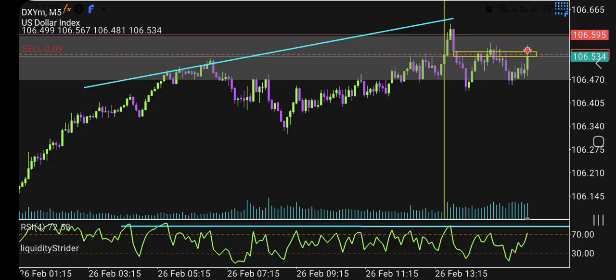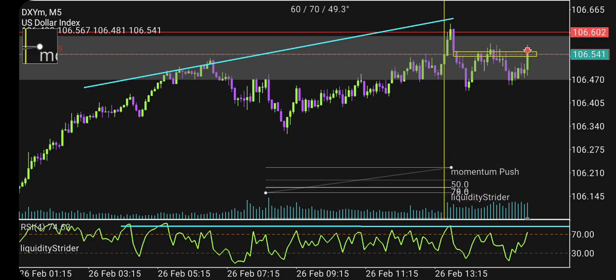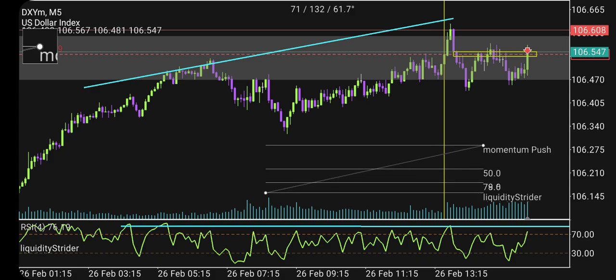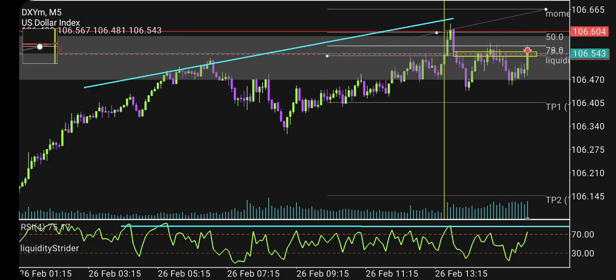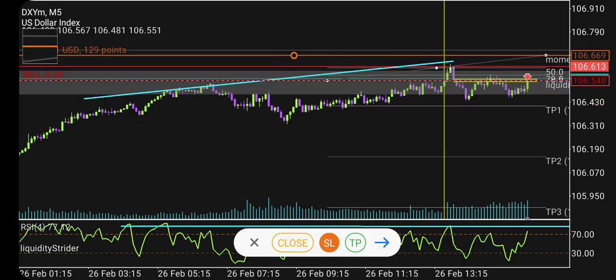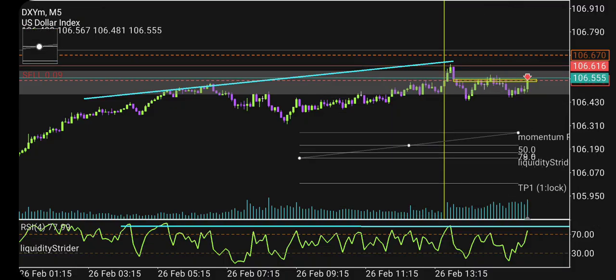Stop loss is about 70 points. It's about 70 pips plus spread which is 60, so it's 130. So I would like to put my stop loss, then you're good. We'll see.